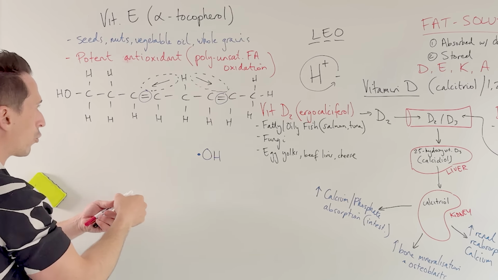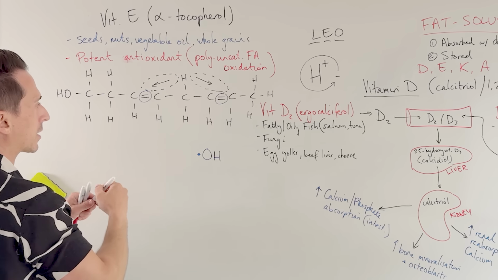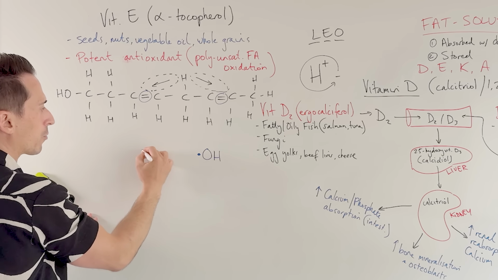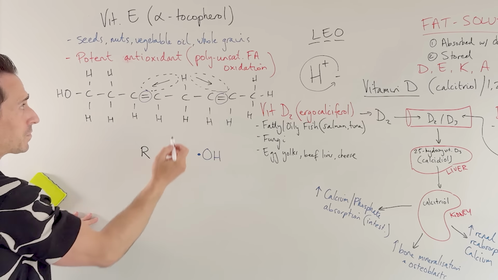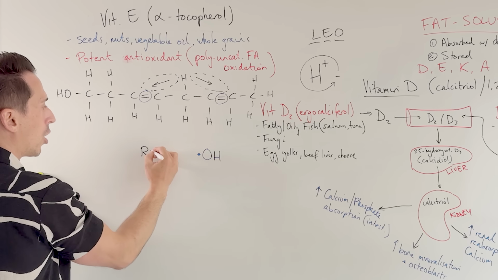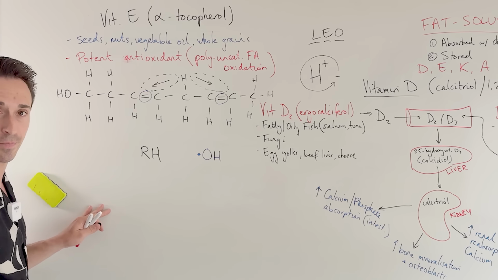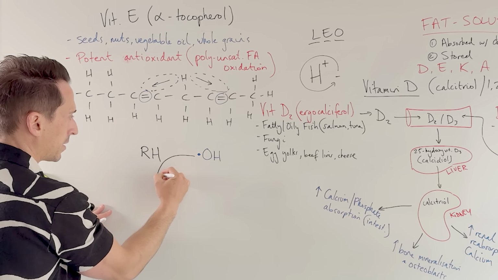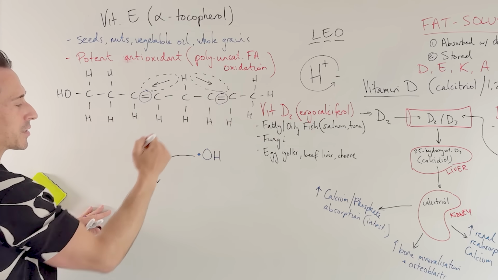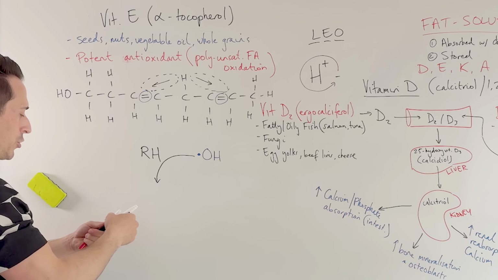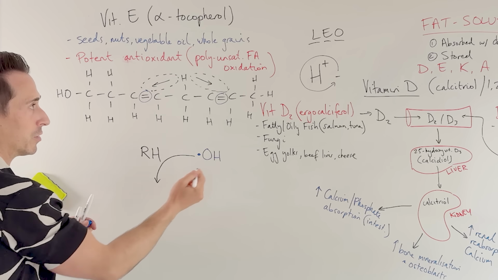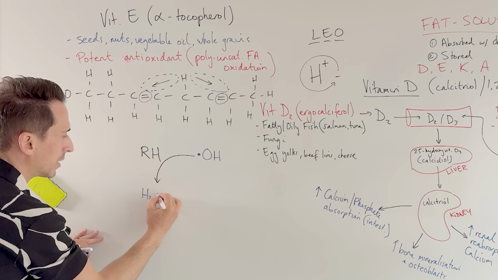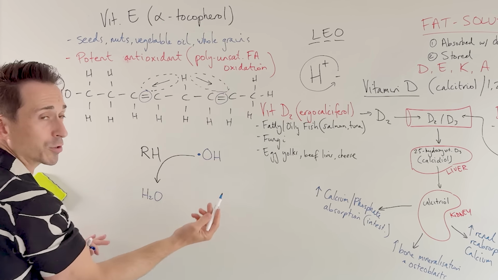So if I were to draw up this whole thing here, that whole lipid molecule, I'm going to write as R, and then the unstable hydrogen I'm going to write like that. So when this comes across this polyunsaturated fat, what does it produce? It steals the hydrogen, which comes with an electron, right? And so it now becomes stable, because I said it's hungry for an electron to become stable.